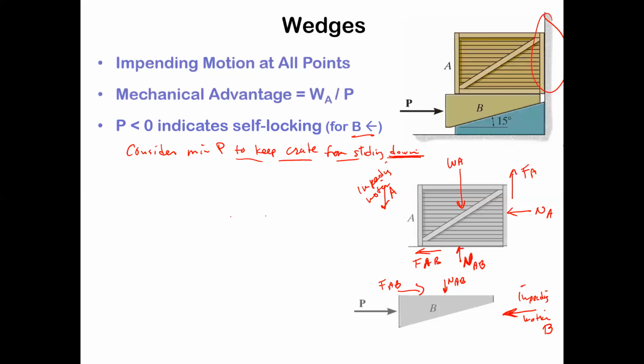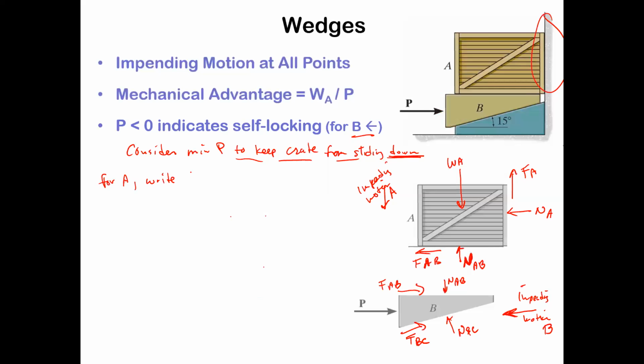Okay, 1, 2, 3, 4, 5 forces acting on A, and then acting on B, there's also going to be an N_BC at this boundary, and a friction force F_BC acting along that line, right? To solve these kinds of questions, you start at A, because you can figure out those forces.